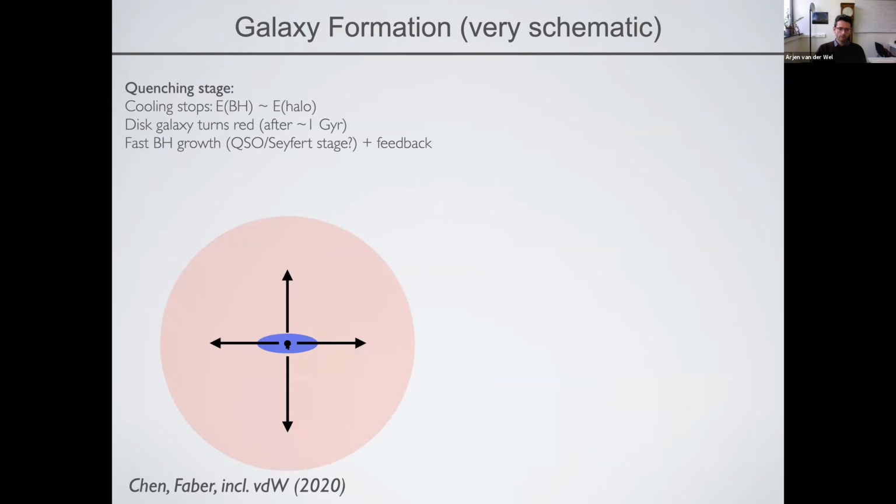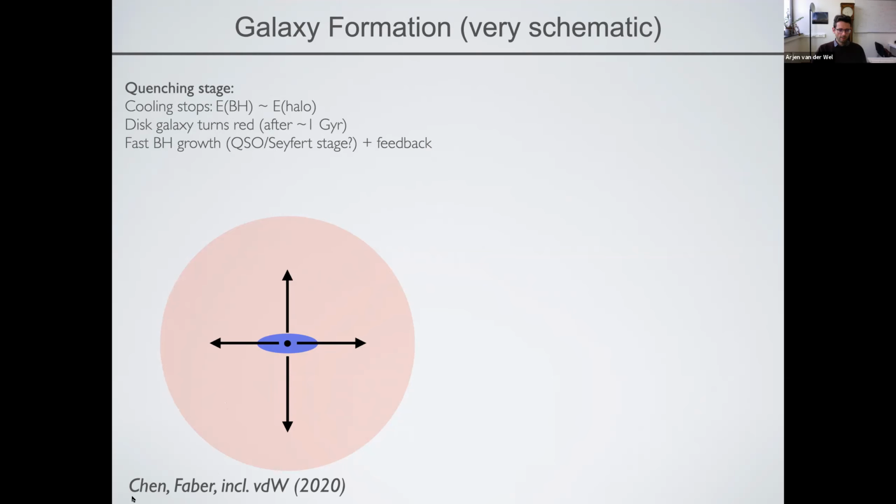So now the black hole starts growing quickly and putting a lot of energy into the halo. And at some point, that cumulative energy that the black hole has put into the halo approximately equals the binding energy of the halo. At some point, that threshold will be crossed.